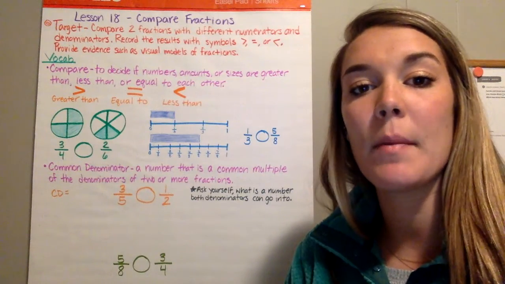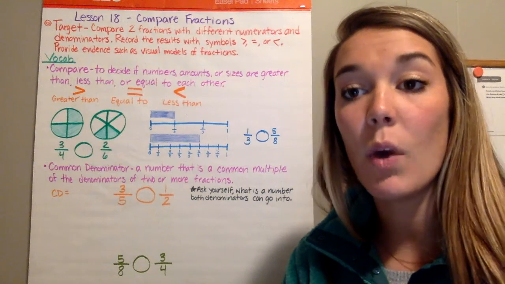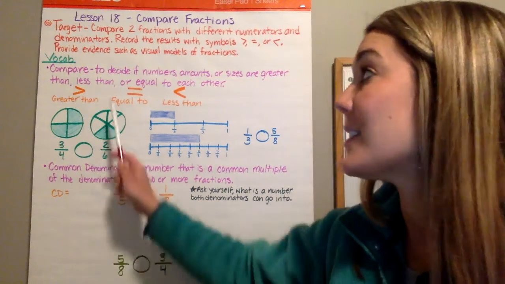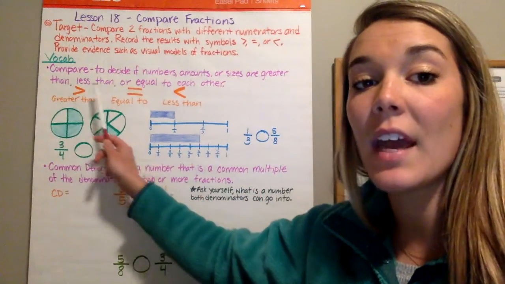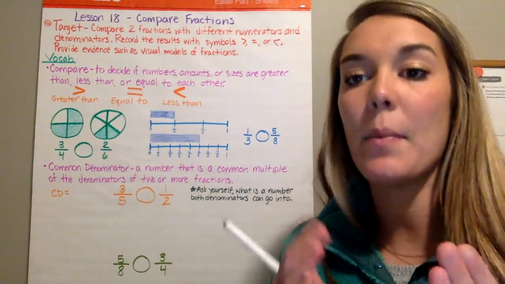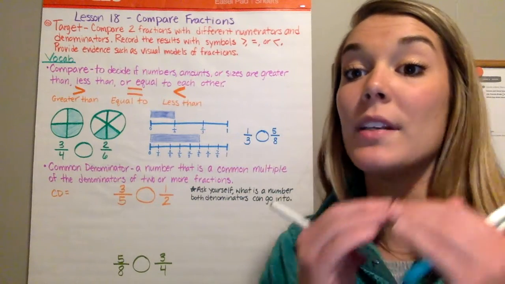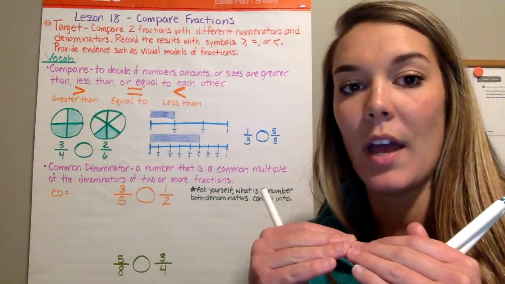So I just want to review some important terms that you're going to be working with. One of them is going to be compare. You are going to be deciding if numbers, amounts, or sizes are greater than, less than, or equal to each other. So this type of comparing we're going to be doing is where we're thinking about what is more, what is less, what is the same, okay?